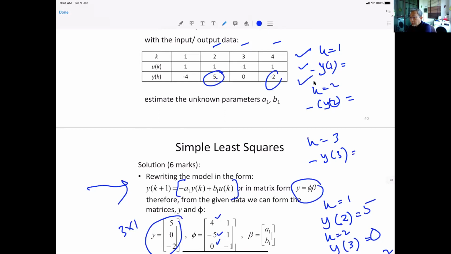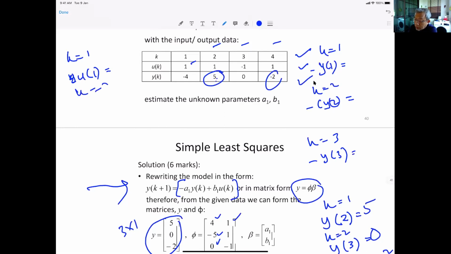Then the next one will be b1 u(k). We follow here, k equal to 1, so u1 is 1.